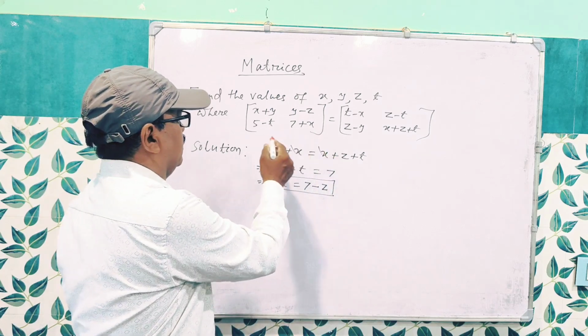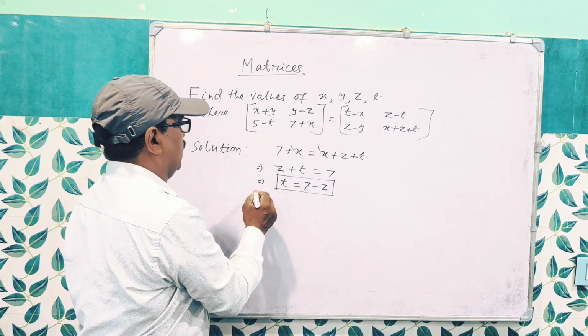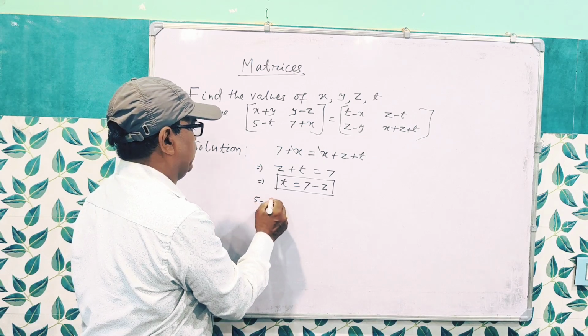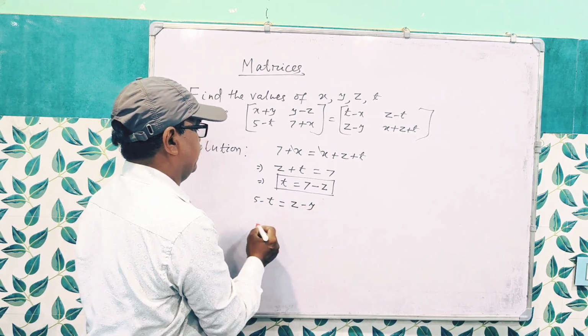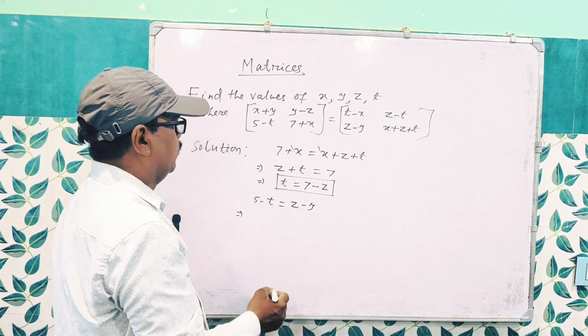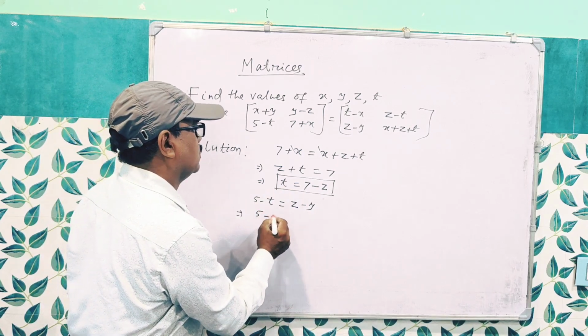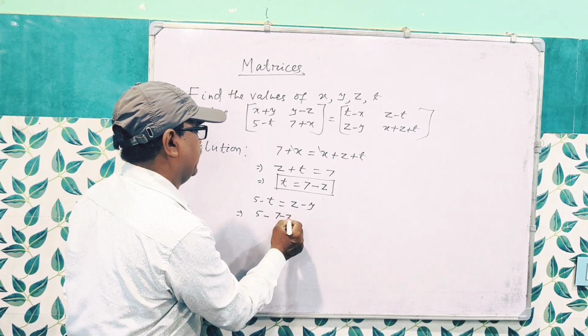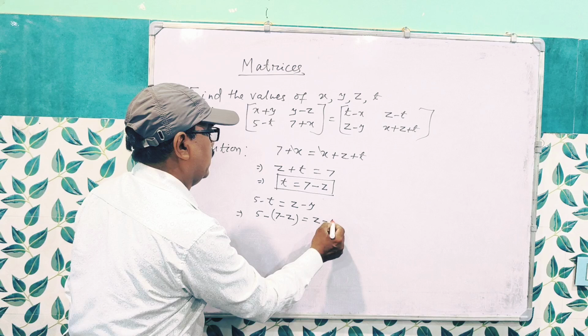Then by the law of equality of matrices, we have again 5 minus t is equal to z minus y. Putting the value of t, we have 5 minus (7 minus z) is equal to z minus y.